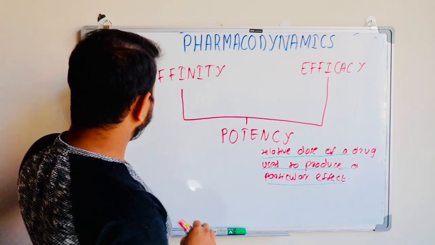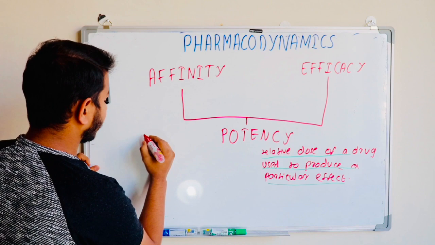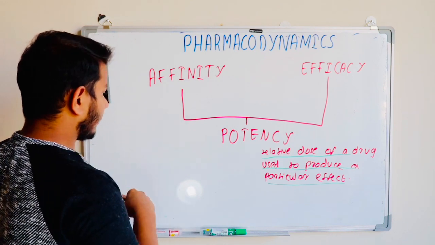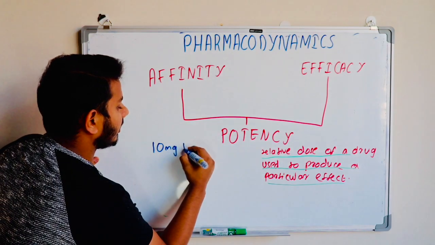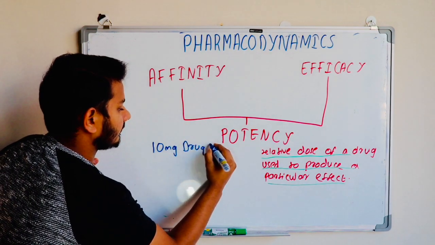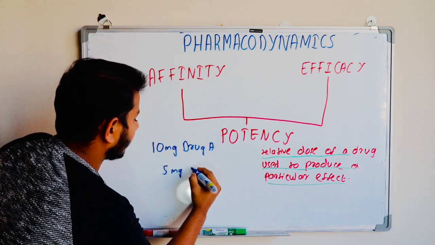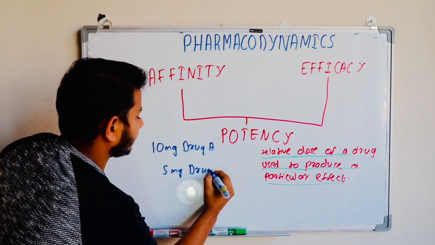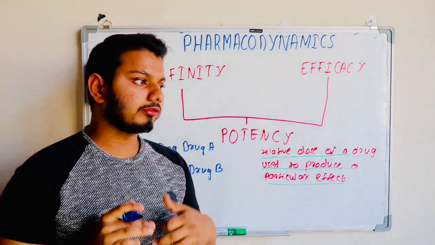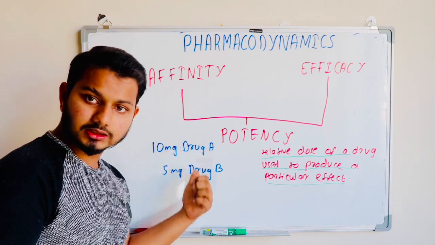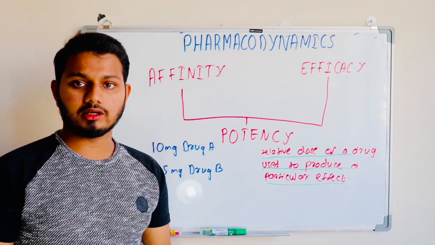So let's consider drug A and drug B. 10 mg of drug A and 5 mg of drug B. The function of these drugs is to reduce the blood sugar level or blood pressure level.